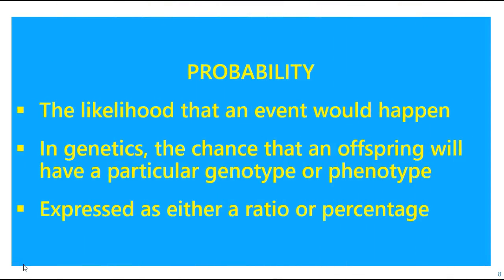Probability is the likelihood that an event would happen, and in genetics, we're talking about the chance of an offspring having a particular genotype or phenotype. In math, there are other ways to express probability, but in genetics, we express it in either ratio or percentage. Again, it depends on what the question's asking for.